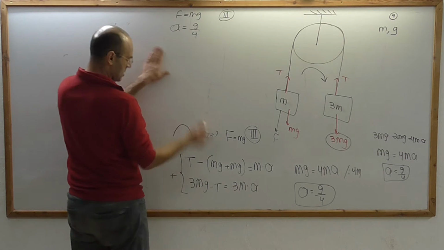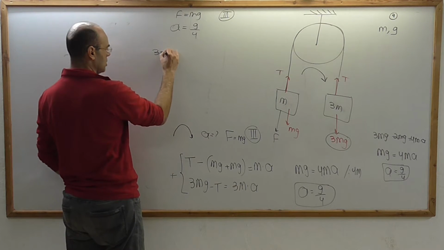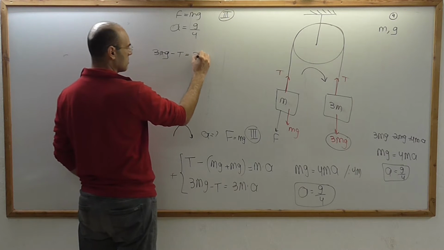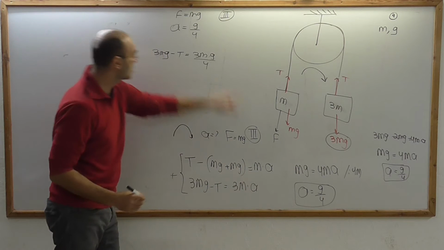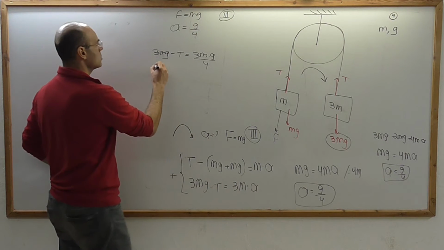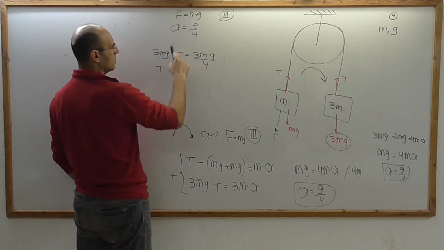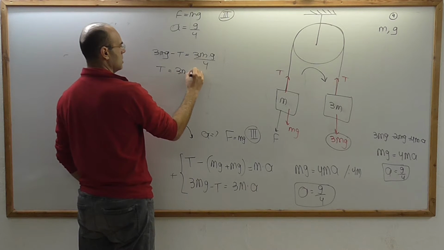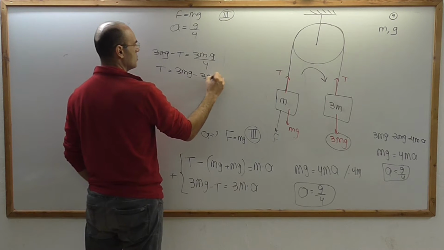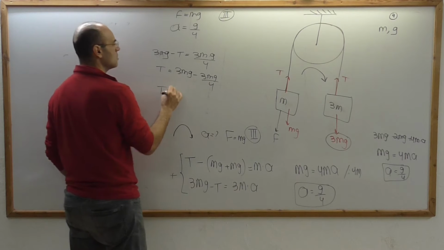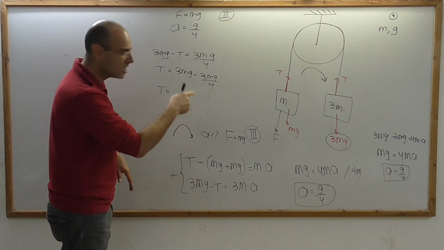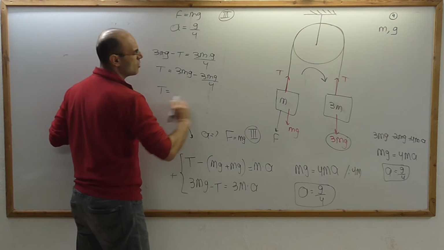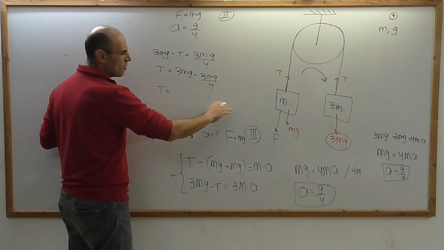From here, let's say, 3mg minus T equals 3m g over 4. Instead of a, I wrote g over 4. So T must be equal to 3mg minus 3mg over 4. And again I want to show you something. When you deal with these kinds of calculations, don't start to find a common denominator and everything.